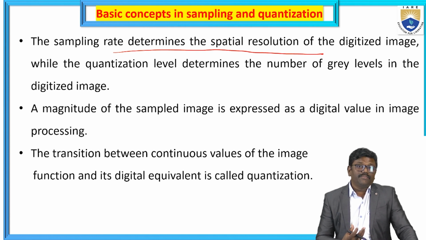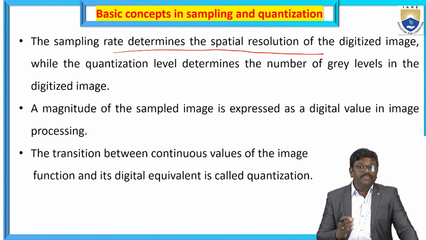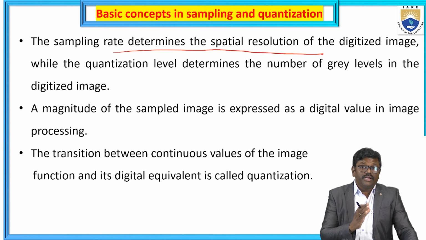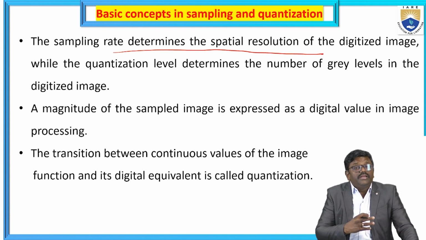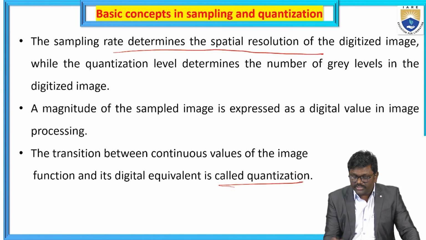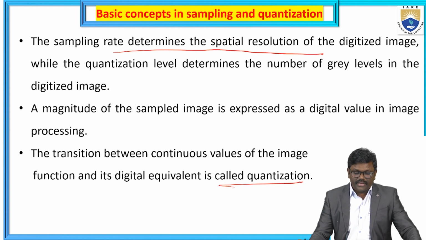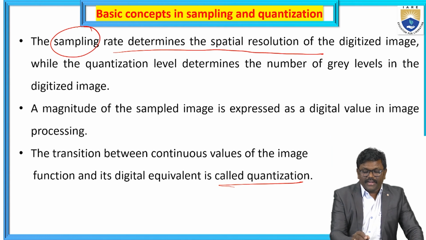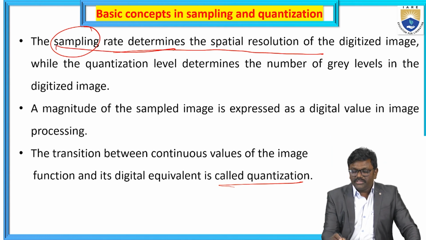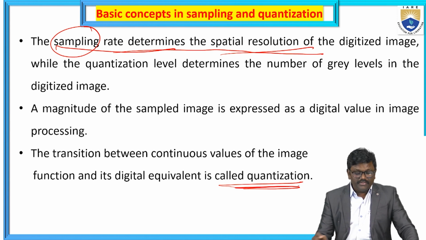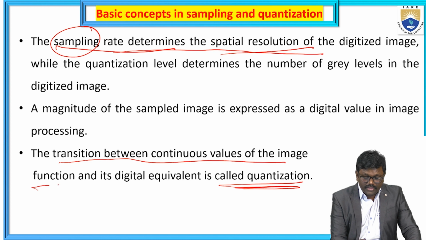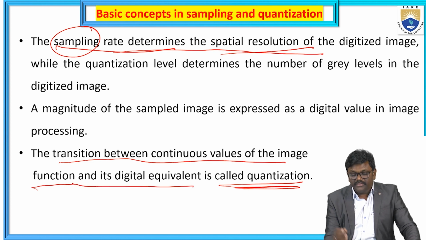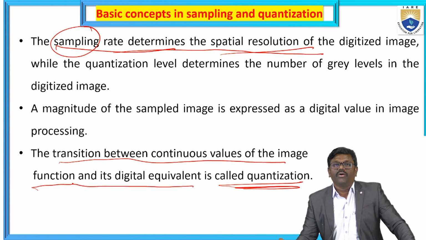So what you want to understand from here is that the transition between analog, meaning continuous values of the image function, and its digital equivalent is called quantization. Now you can understand sampling. Sampling rate determines the spatial resolution, whereas quantization is simply the transition between continuous values of the image function and its digital equivalent.